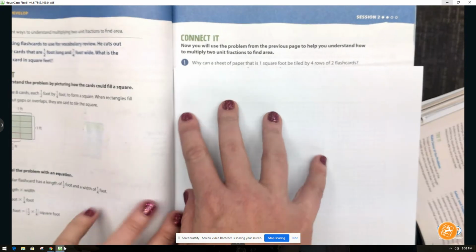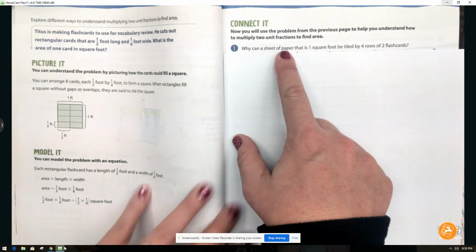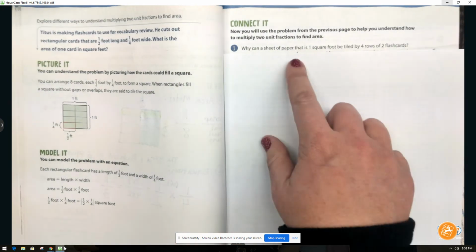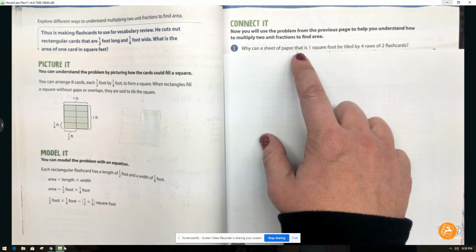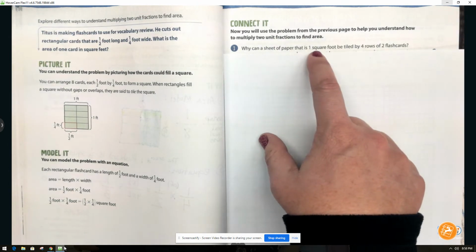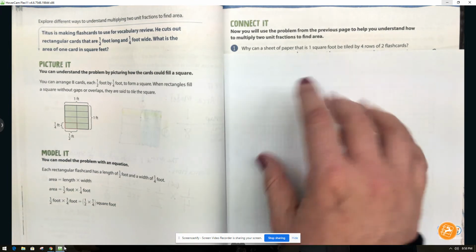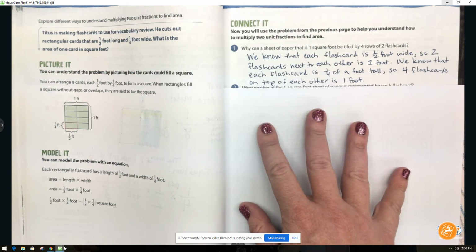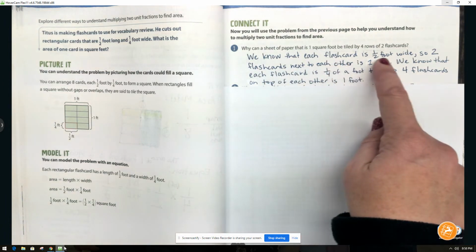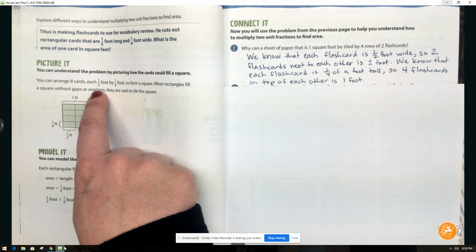Now, why can a sheet of paper that is 1 square foot be tiled by 4 rows and 2 flashcards? Well, we know that each flashcard is a half of a foot long and a quarter of a foot wide, because that's what we were told.